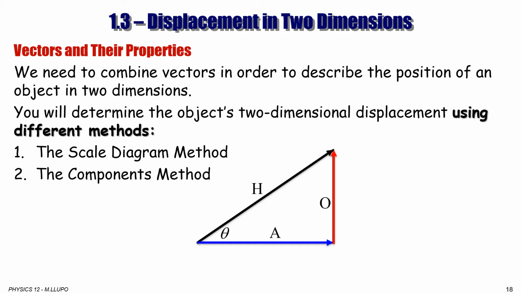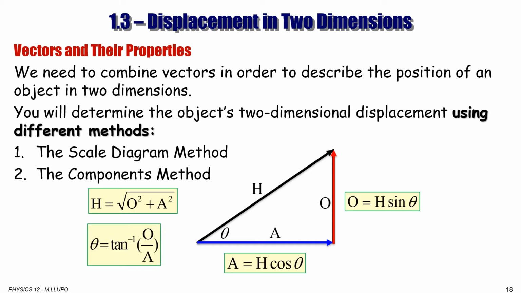For example, if you want to find the hypotenuse and you have the opposite and adjacent, using the Pythagorean theorem, the square root of opposite squared plus adjacent squared equals the hypotenuse. Or you need to find angle theta using tan^-1 of opposite over adjacent.